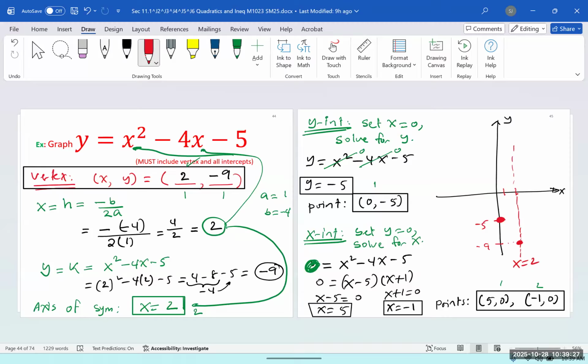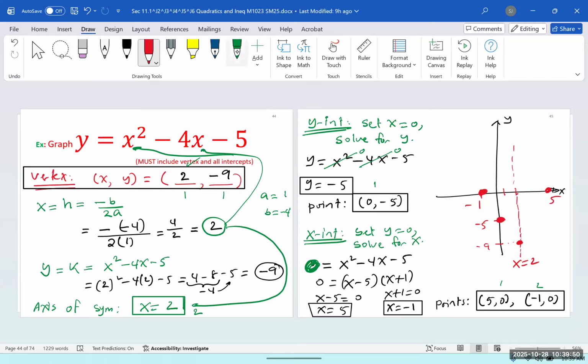One of the x-intercepts is -1. So let's say this is -1. The other x-intercept is 5. So let's say this is 5. Not -5, -1 and +5. The -5 is the y value for the y-intercept.